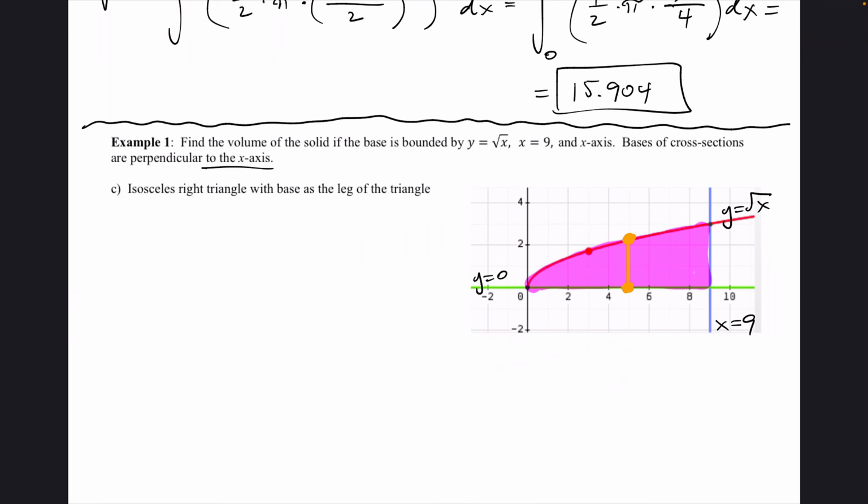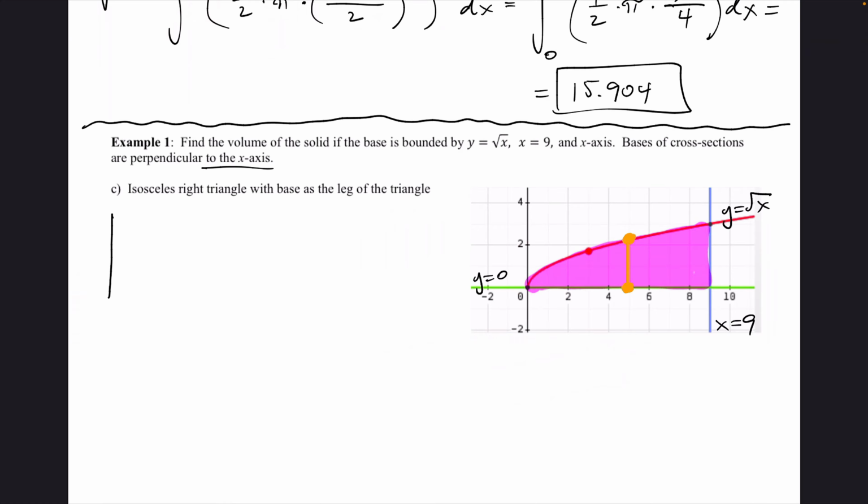So what's an isosceles triangle? I know it's a triangle, but what's special about an isosceles triangle? Two sides are exactly the same length. So when two sides are exactly the same length, that means it's a 45, 45, 90 right triangle. So let me draw a quick picture.